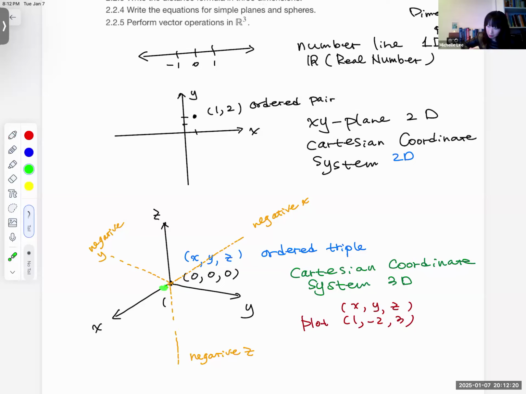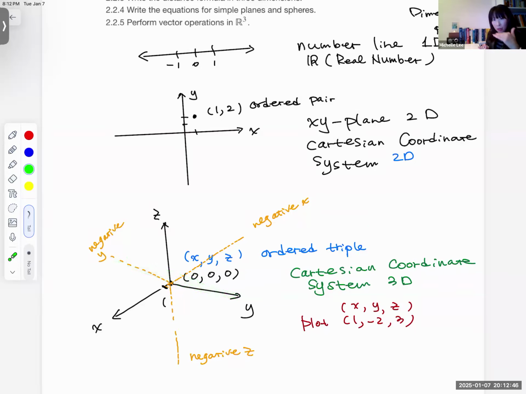So 1 is here, and -2 for the y-axis. So 1 is here, and then I want to make a line parallel with the y-axis. It's not straight now, so let's pretend it's straight. Let me do it one more time, sorry about that.